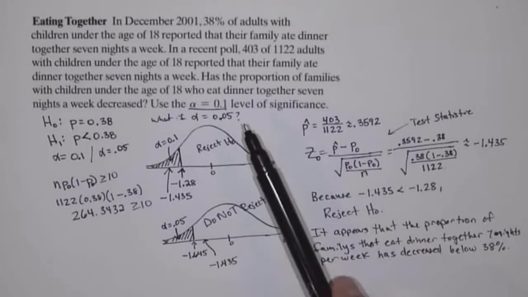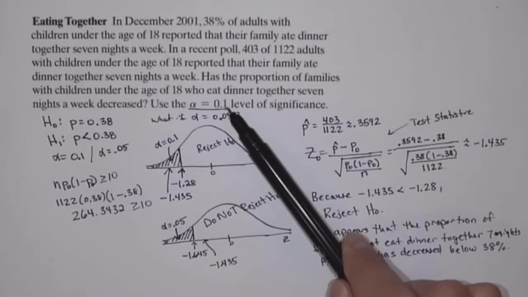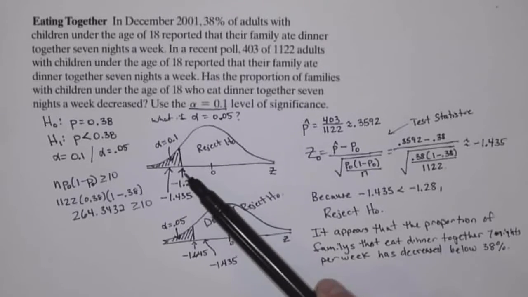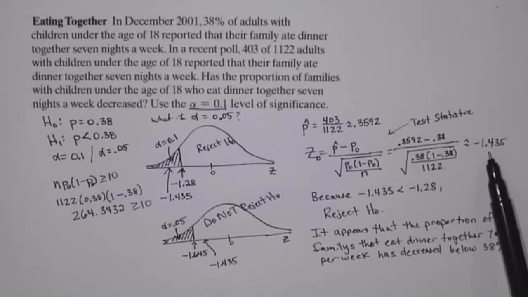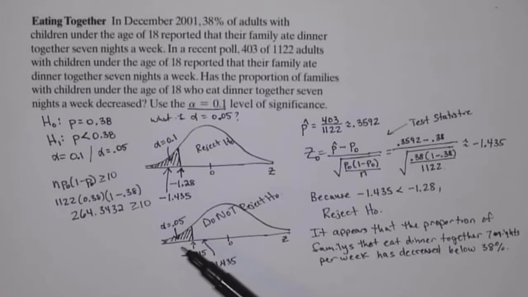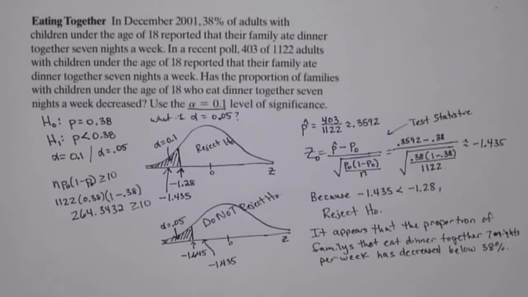Because if I wait until I know this value, and then I say, I think I'm going to use a 0.1 level of significance, then I'm basically saying, I think I want to reject, which is biased. And likewise, if I wait until I know this value before I choose my level of significance, and then I say it's 0.05, then I'm basically saying I don't want to reject. So we have to choose this level of significance up front before we've done any of the test. That has to be the case. Otherwise, we're biasing our test.